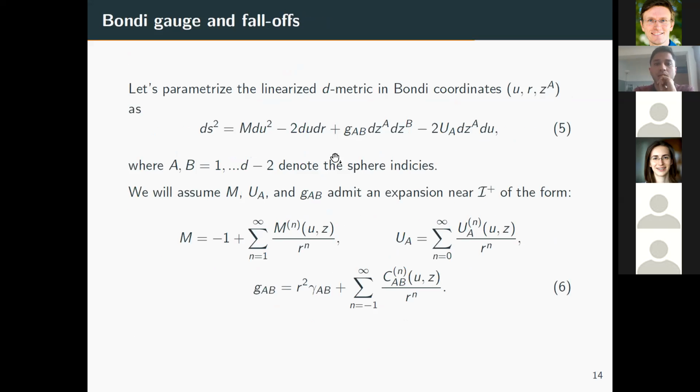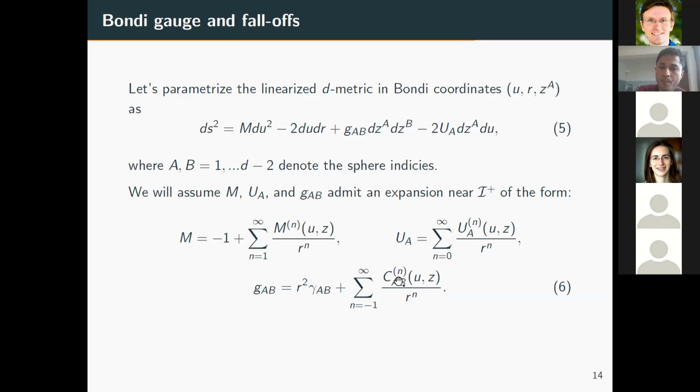Let us now parameterize the asymptotically flat spacetimes in higher dimensions as in equation 5. Here, M, U, and G_AB are expanded in powers of r. But the most relevant component for us is the expansion of G_AB. For linearized gravity, these C_AB all become traceless because of the determinant condition.